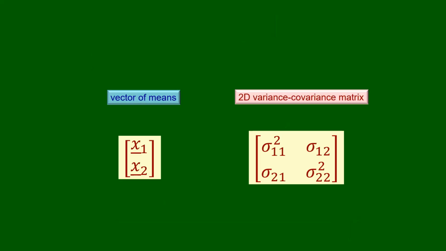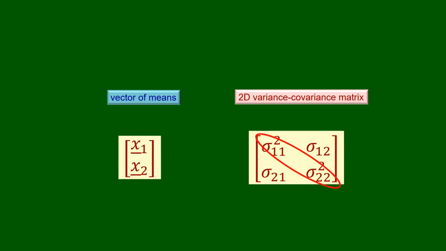To completely characterize statistically the random vector x, I need the means of its elements, and I need a two-dimensional, a 2 by 2 matrix, sometimes called the variance-covariance matrix, often just called the covariance matrix, which gives me a description of the variability of the individual elements of the vector x, x1 and x2, and of their statistical interrelatedness.